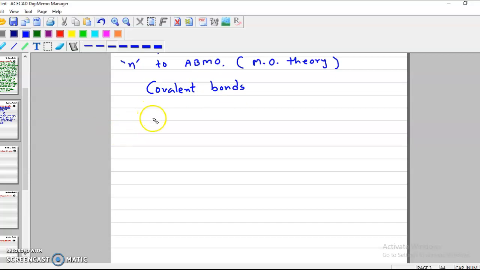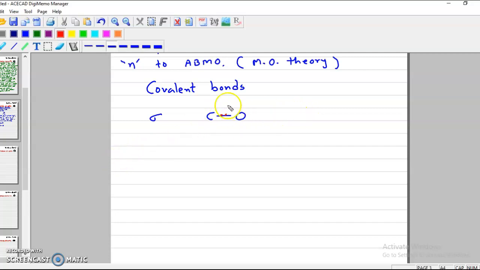One is sigma bond, in which sharing of electron pair takes place between two non-metal atoms. And here direct overlapping produce sigma bond, single bond. So if you write single bond between two atoms like this, C single bond O, then this is sigma bond. There will be two electrons in sigma bond.